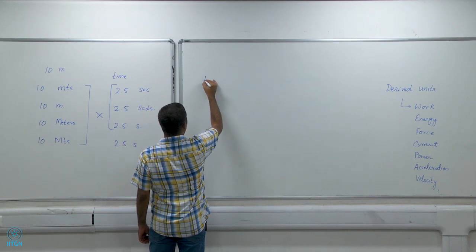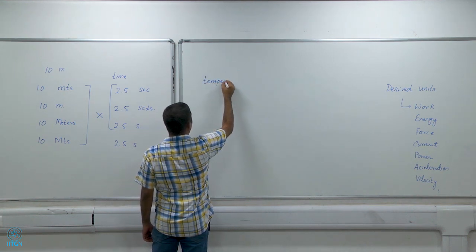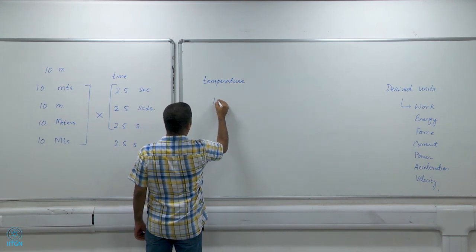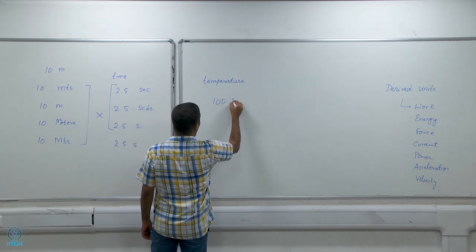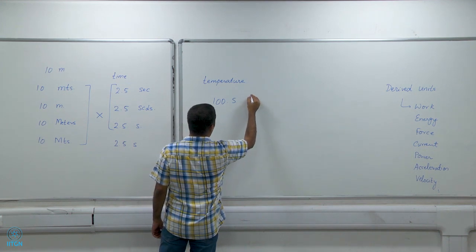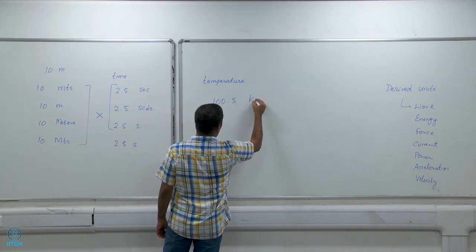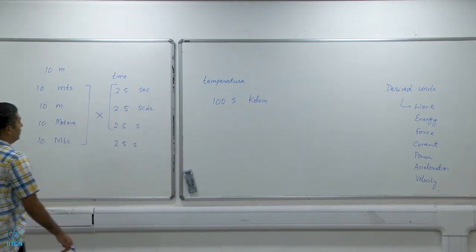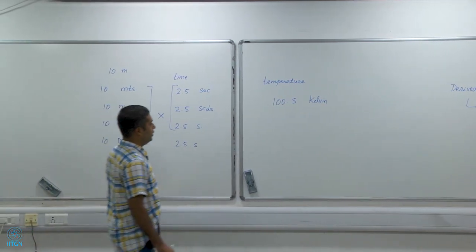Similarly, people write temperature as 100.5 Kelvin. What is the right way of writing this?